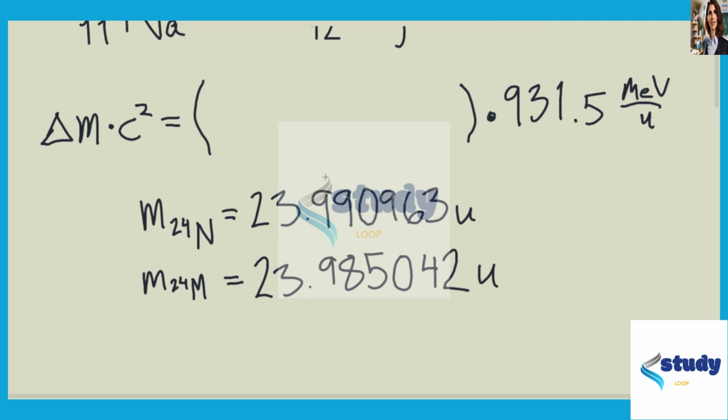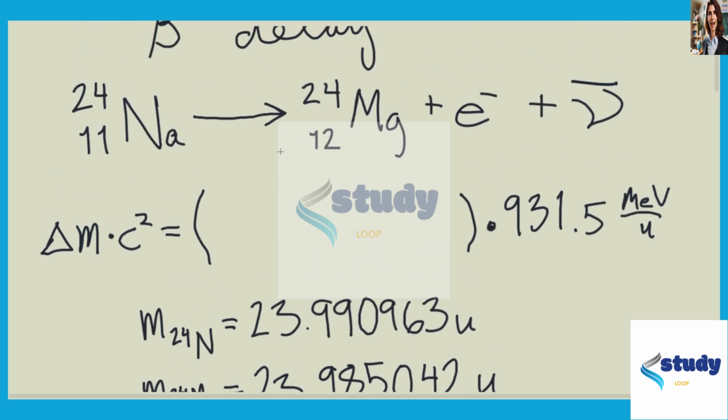So to find the maximum kinetic energy of this beta negative decay, we will need to subtract from the mass of the parent isotope the mass of the daughter isotope, in this case, magnesium 24.